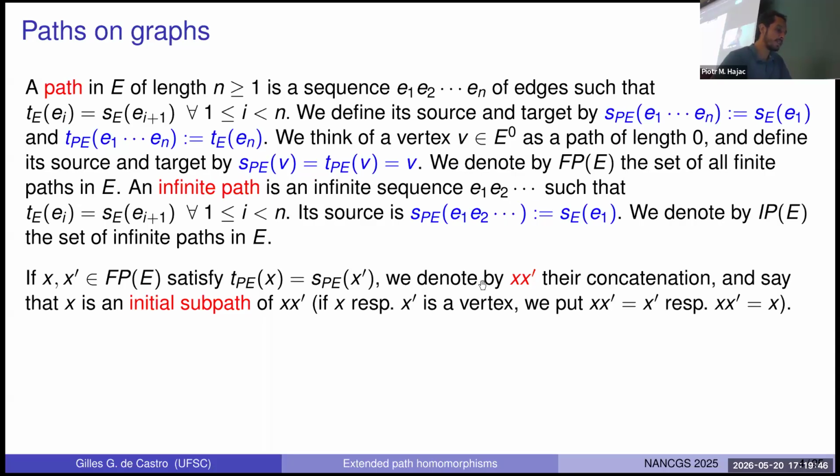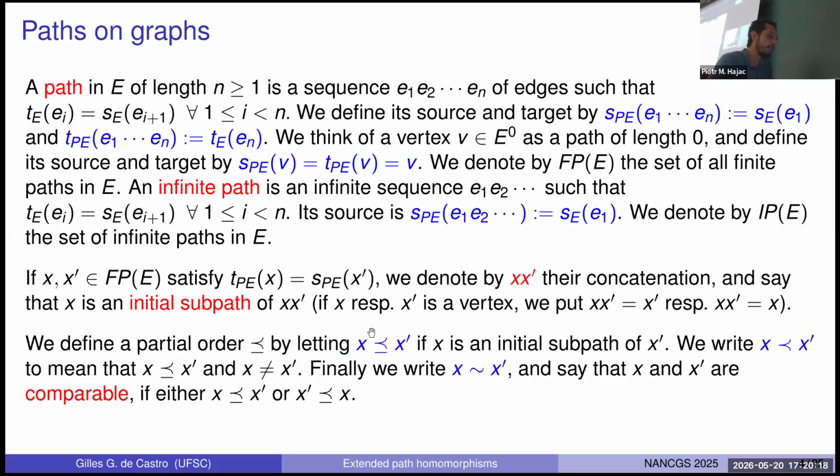Whenever we have this concatenation, we say x is an initial subpath; sometimes I just say beginning. So x is the beginning of x prime. X itself can be a vertex, and if it is, the concatenation just forgets the vertex, so it is just x prime. And when x prime is a vertex, the concatenation is again just x itself.